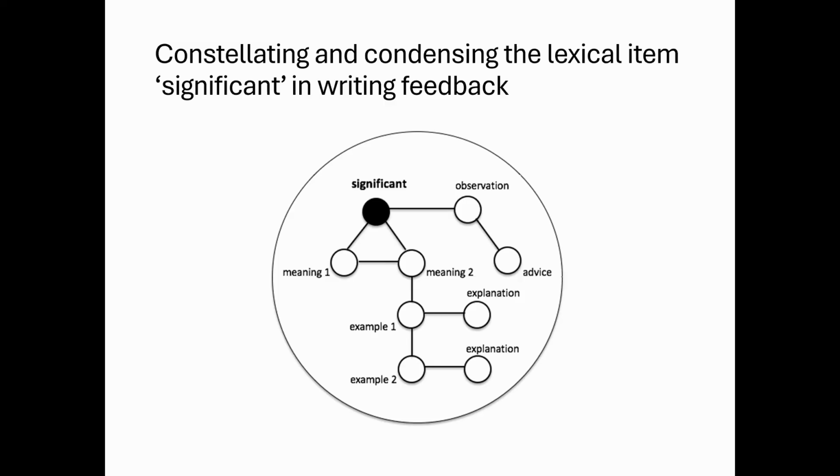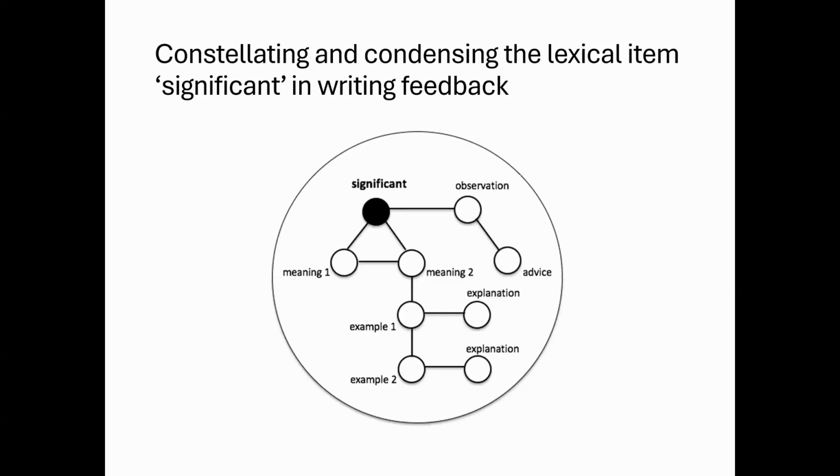So what we've got here is a constellation. We're separating out what the teacher said about the word significant and how they dealt with it, and it was quite complex, really. I'm trying to show it clearly here. All constellations are groupings of practice that appear to have coherence from a particular point.